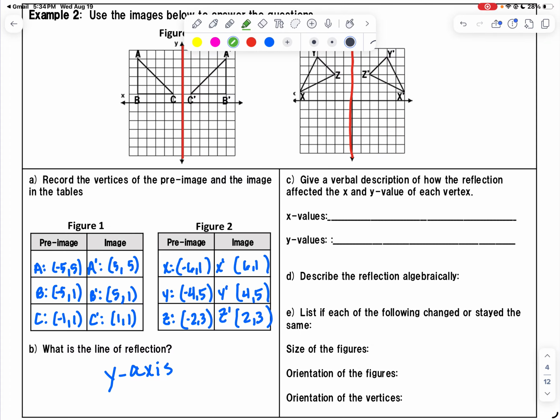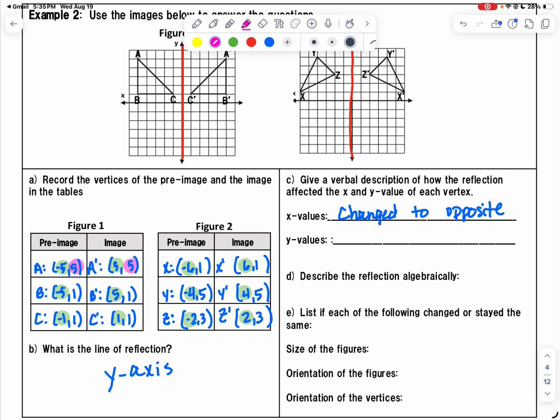So let me get a highlighter here. Here's my x values, negative 5 to 5, negative 5 to 5, negative 1 to positive 1, negative 6 to positive 6, negative 4 to positive 4, negative 2 to positive 2. So for the x values, it changed to the opposite. And the y values, let's see what happened to the y values.